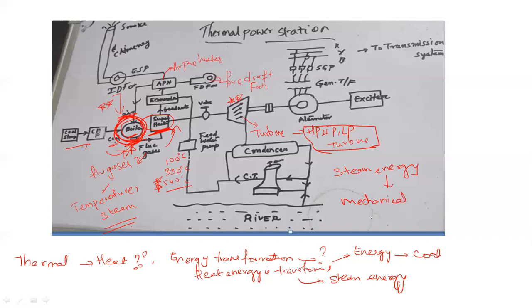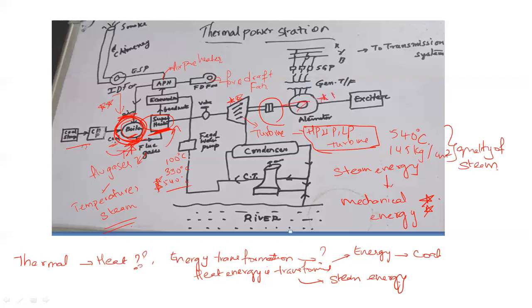HP turbine steam at 540 degrees centigrade and 145 kg per centimeter square is admitted into the turbine, which rolls the turbine rotor, and this turbine rotor is coupled with the generator rotor.